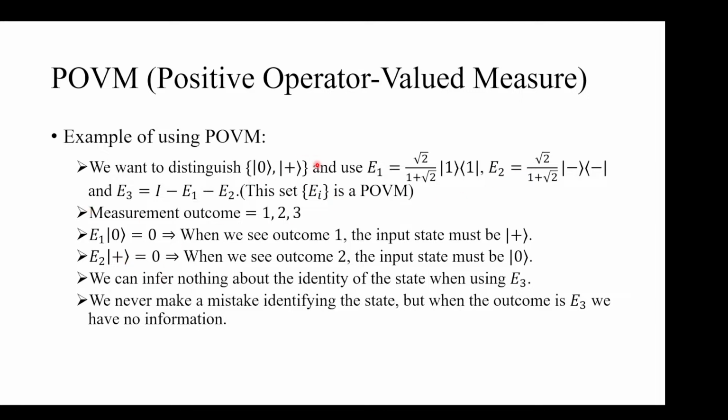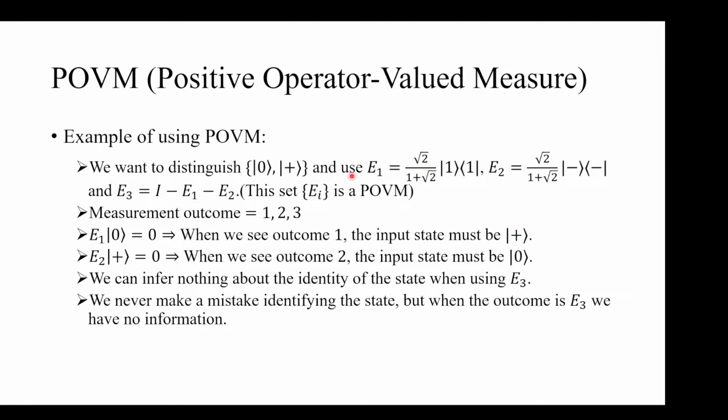Similarly, when the input is plus, the outcome must be 1 or 3. So we do a bit of reverse logic. When we see outcome 1, the input must not be 0, so the input must be plus. Similarly, when the outcome is 2, the input must not be plus, so the input must be 0.